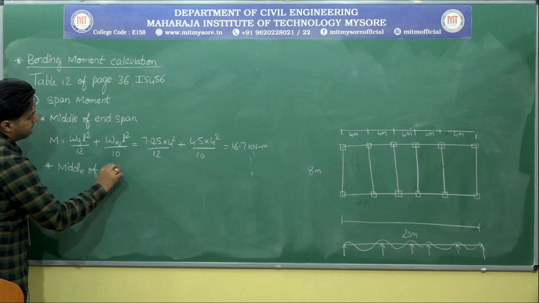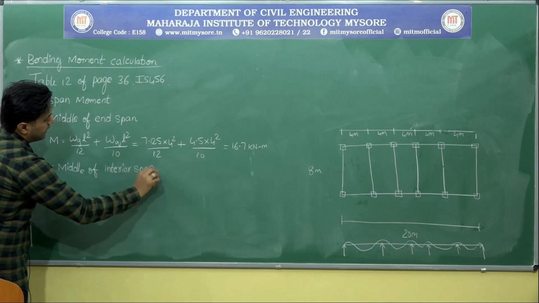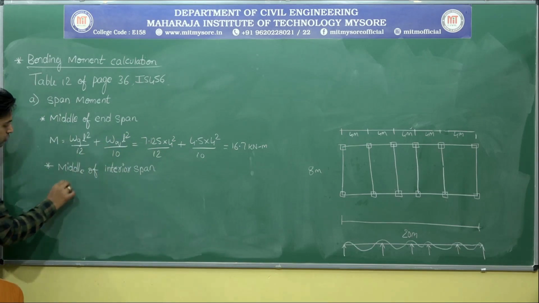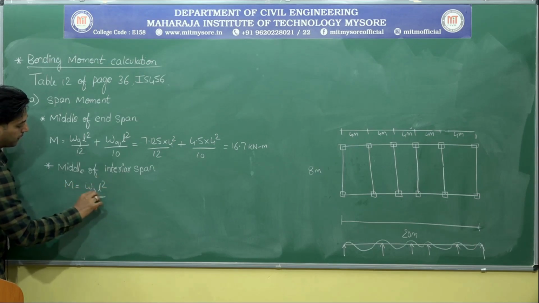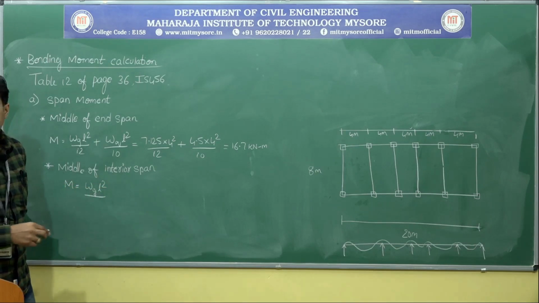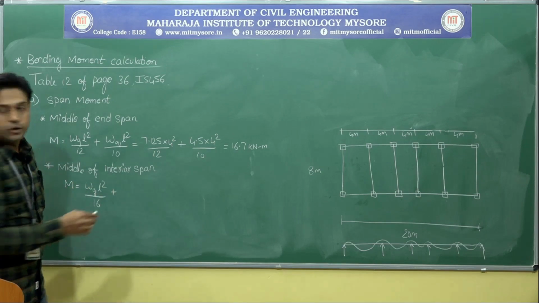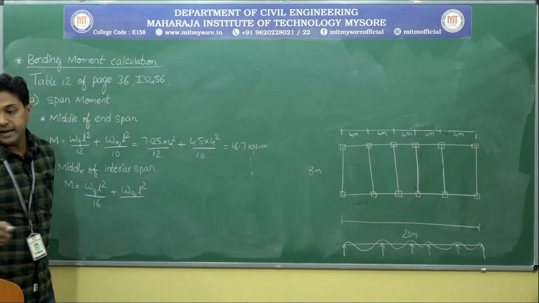For that also they have given a formula: M is equal to WG L square by 16 plus WQ L square by 12.